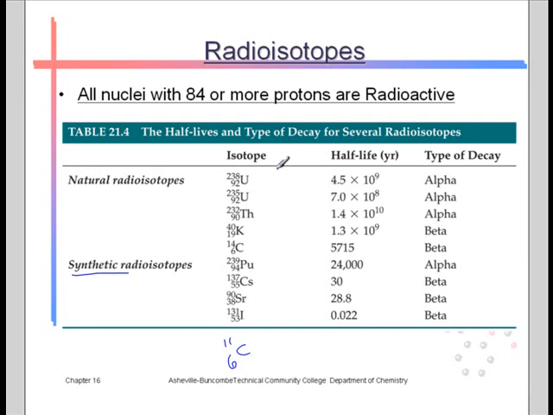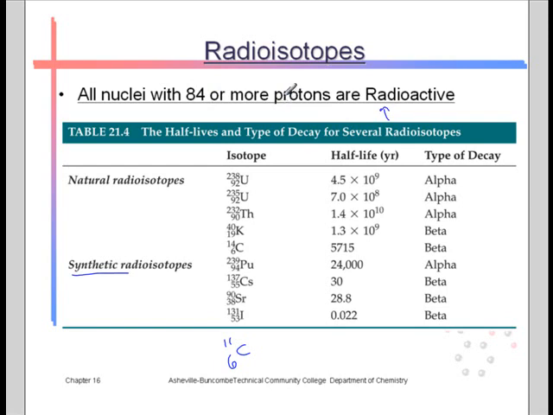So just know that. What I want you to know, one thing, is that nuclei with an atomic number on the periodic table, i.e. the number of protons, of 84 or more, are all radioactive. It doesn't matter which isotope you're looking at. There's not a single stable isotope that has 84 or more protons in the nucleus.